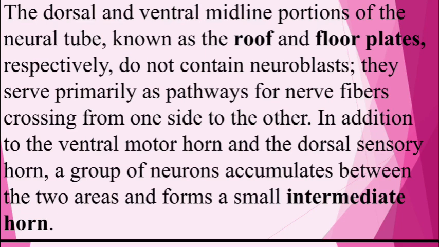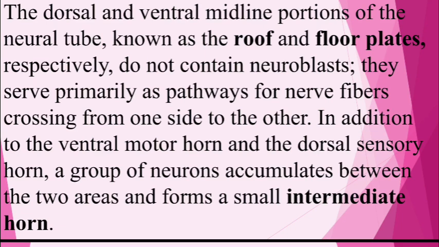In addition to the ventral motor horn and the dorsal sensory horn, you have a group of neurons which accumulate between the two areas, between the ventral and dorsal horns. You have a group of neurons that form what we call the small intermediate horn.